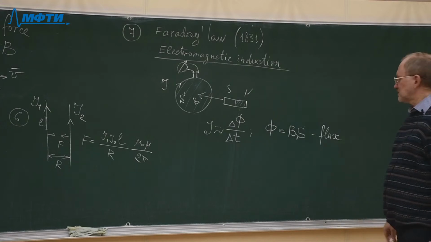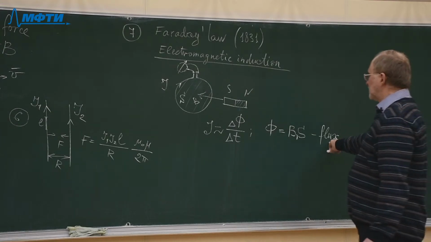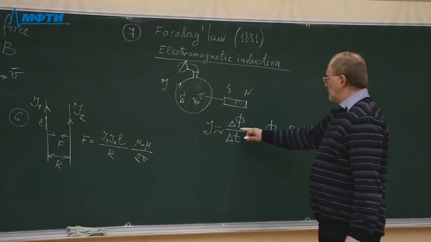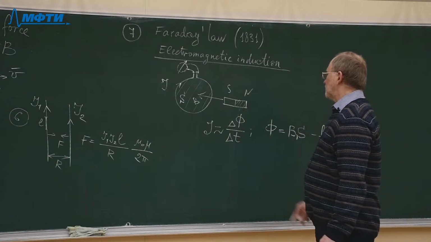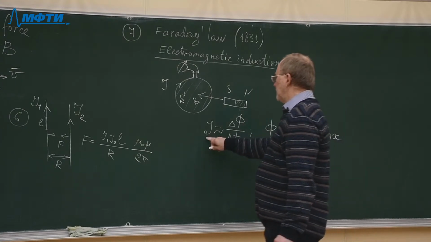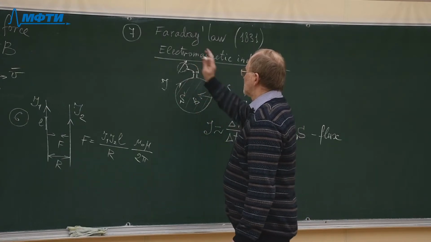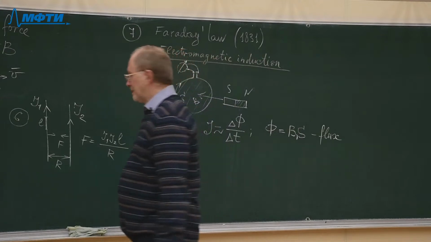then the rate of change of this quantity, delta phi over delta t, will define the strength of the electric current here.